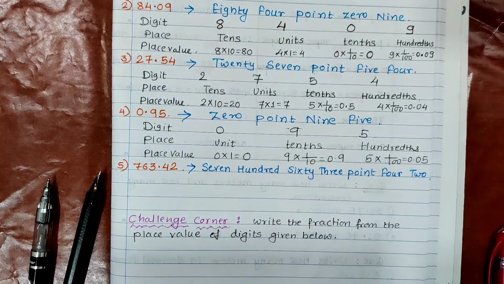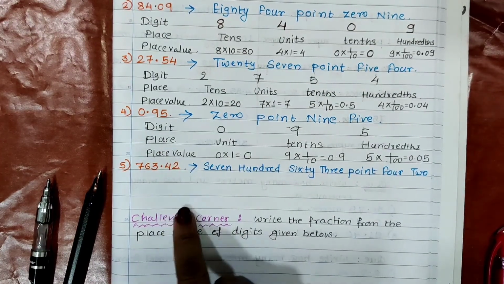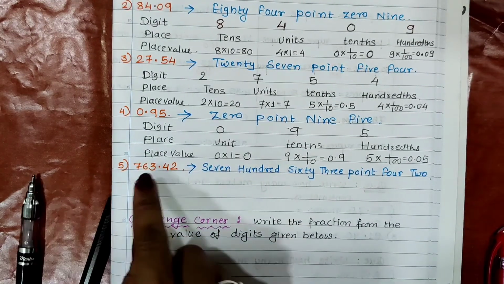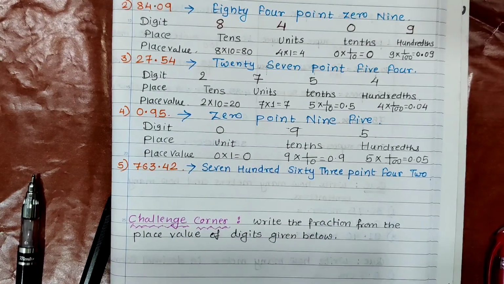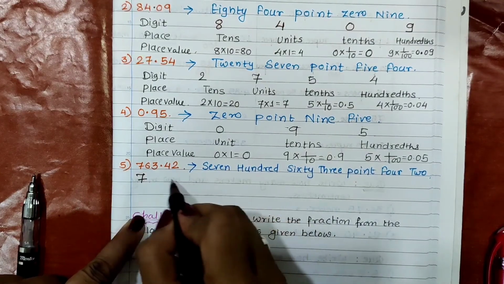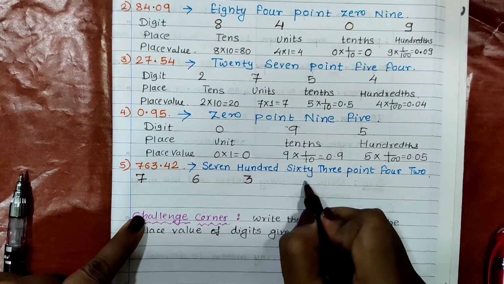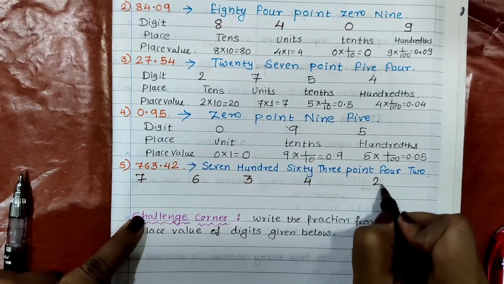Okay, so I am not going to write now this digit, place and place value in words. I will be directly writing the digits now because many digits are there. So I start from 7, then 6, then 3, then 4 and then 2.